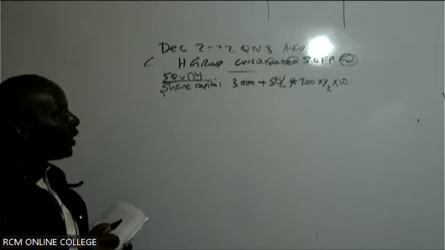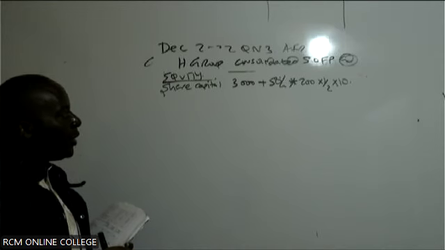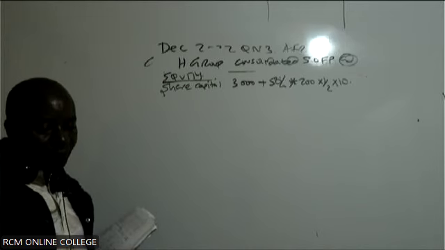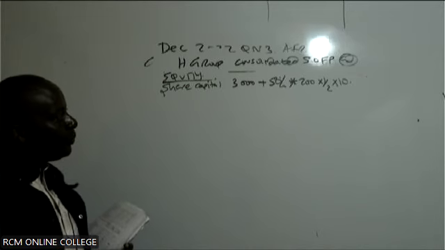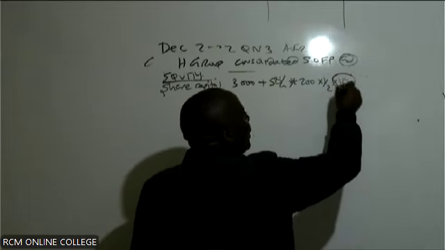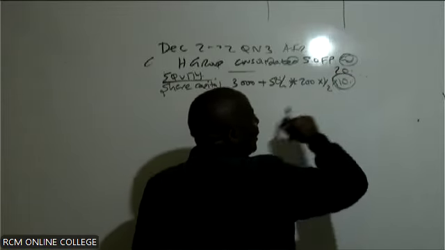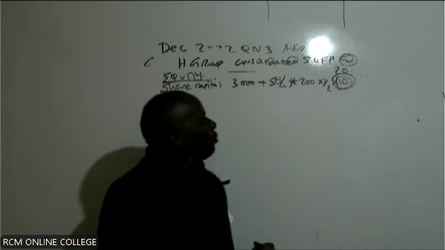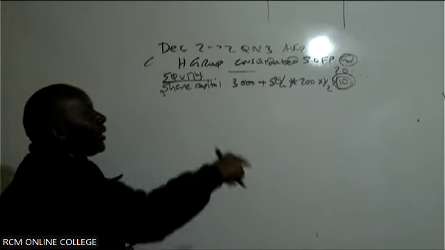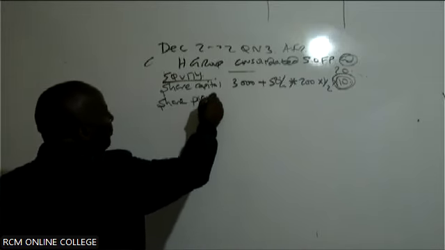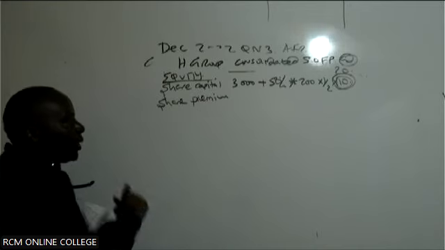Whenever it issues shares out, we must always bring in those shares issued. Remember from the working we used 20. Why am I using 10 here? It's because 10 is the par value per share. The other 10 will come under share premium.